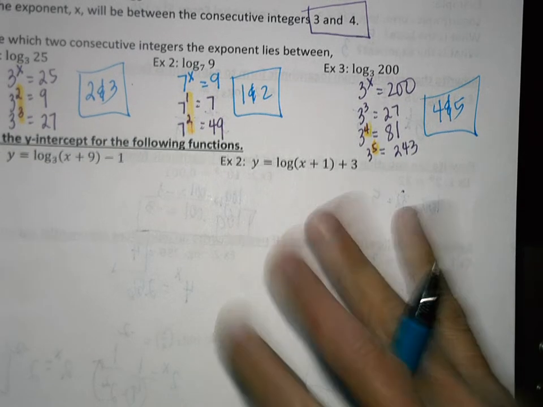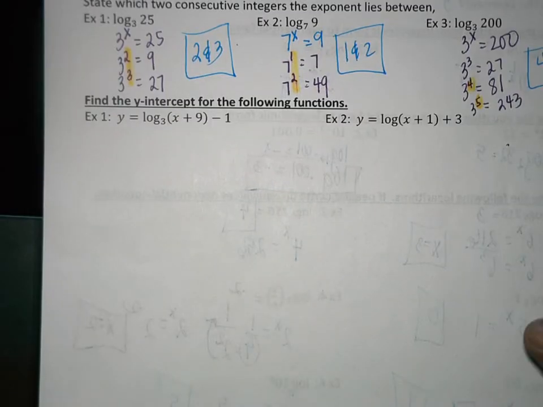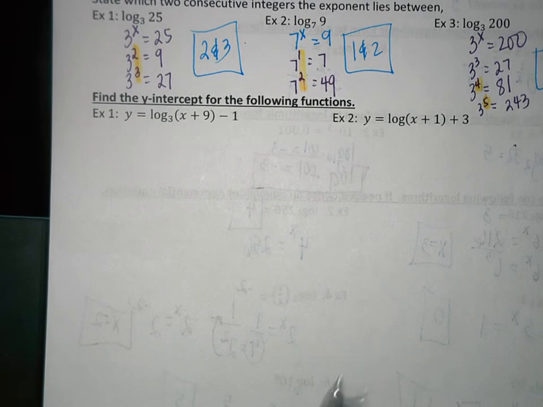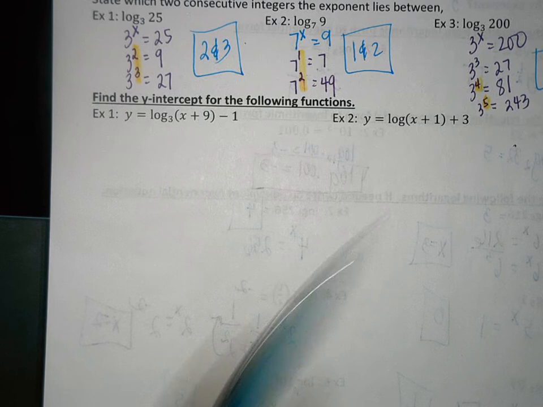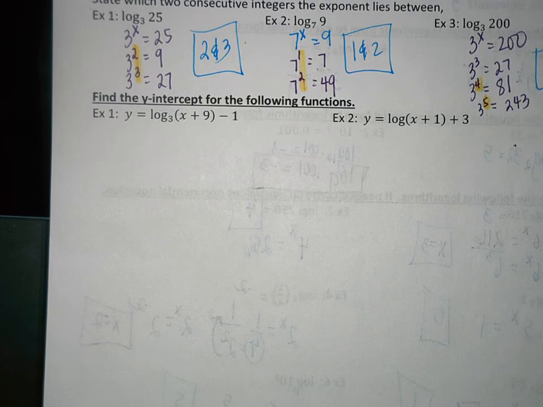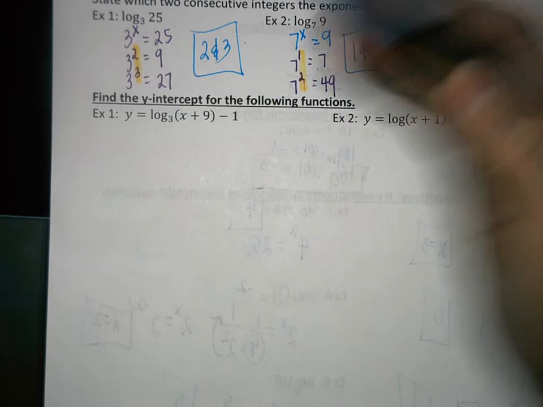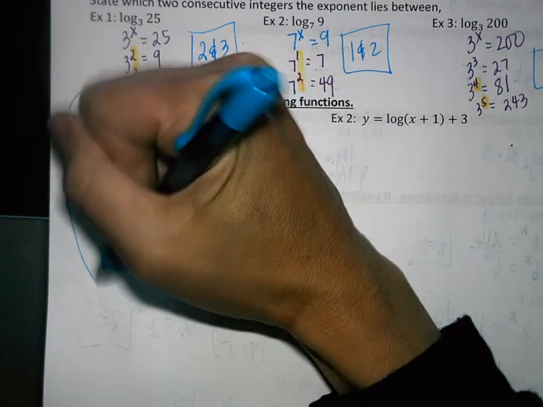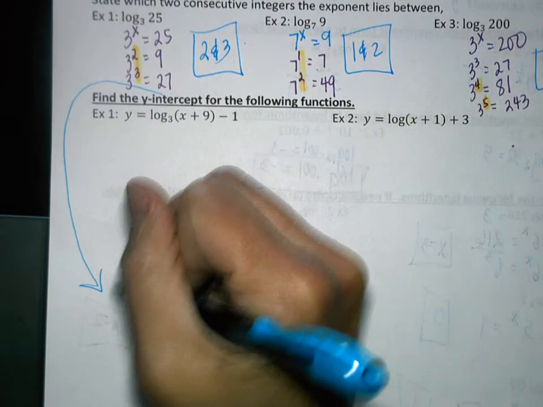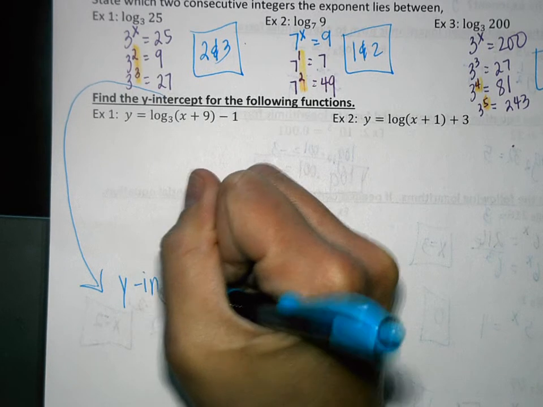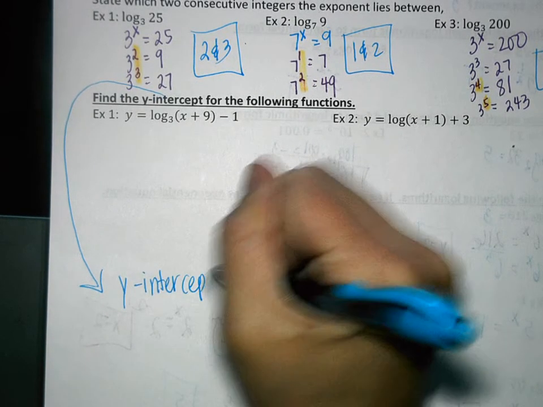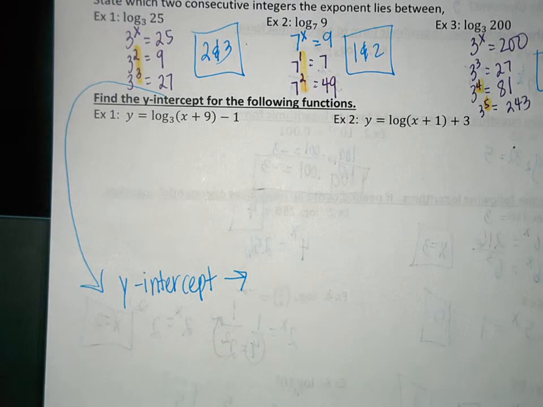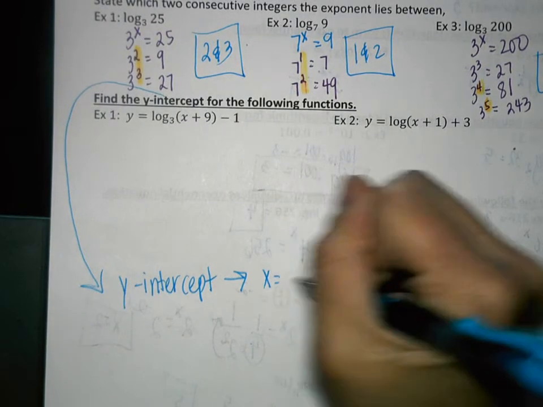Okay, last part, we want you to be able to find the y-intercept for the following functions. So far, we actually have not graphed log functions, and we're going to get to that in lesson 4. But for this case, if we wanted to find the y-intercept, do you remember what we do in order to find a y-intercept? If I just wanted to find the y-intercept on a graph, it is always the place where x equals 0.